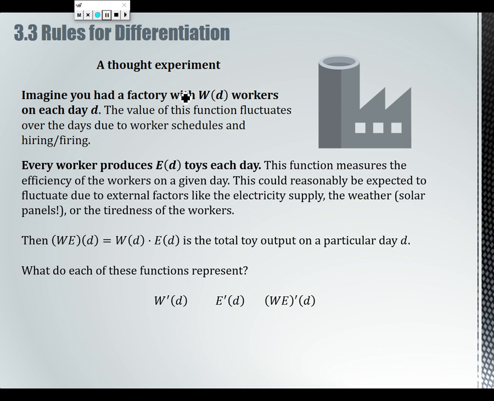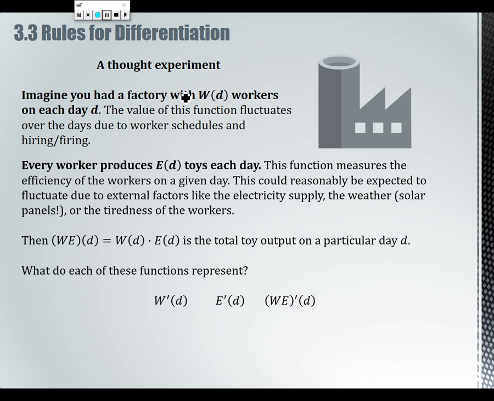What about E prime of D? Explain that one, Piper. The efficiency is increasing or decreasing day by day. Yeah, if it's positive, then the efficiency is increasing. And then you want to take the last one, Siobhan? Just the total number, like whether the total number is increasing.